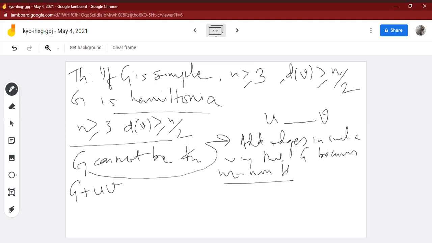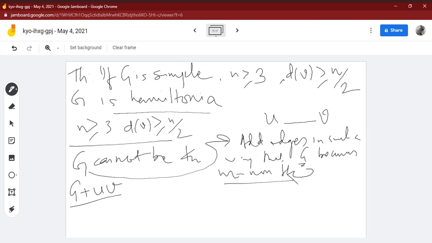Any proper supergraph of this form is obtained by introducing more edges. So we introduce more edges until there is a maximal non-Hamiltonian graph G with n vertices, and degree of V is always greater than or equal to n by 2, because we have added edges. Understood? So we introduce edges until G becomes a maximal non-Hamiltonian graph.